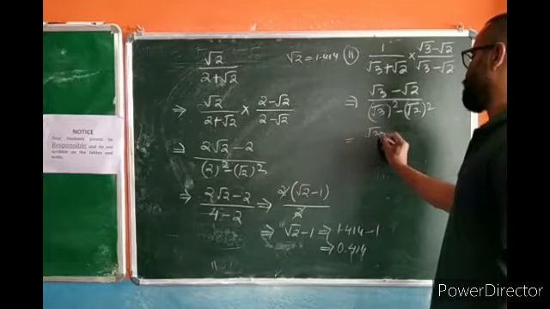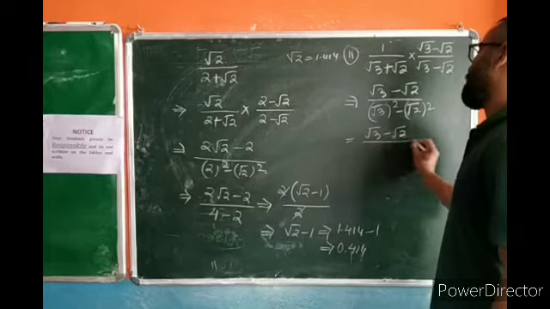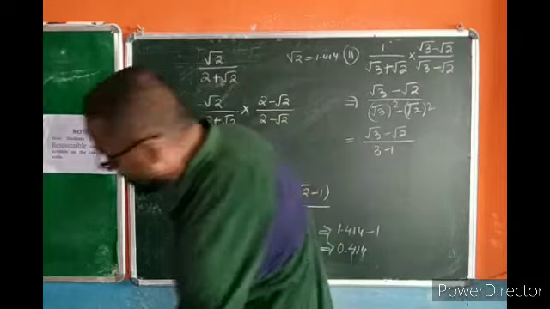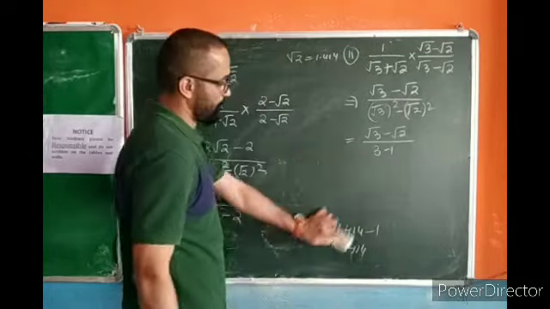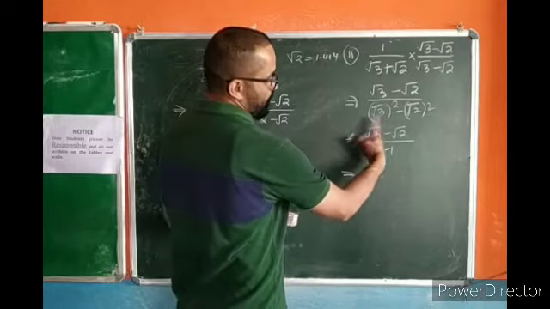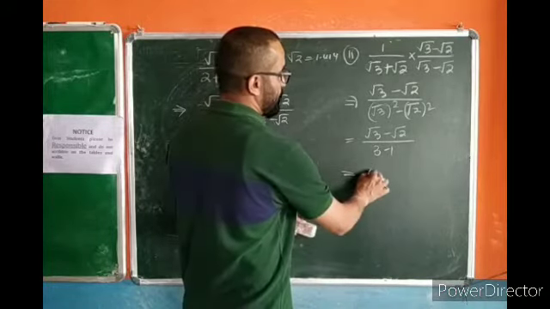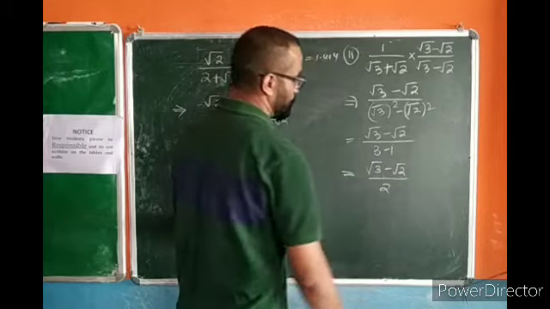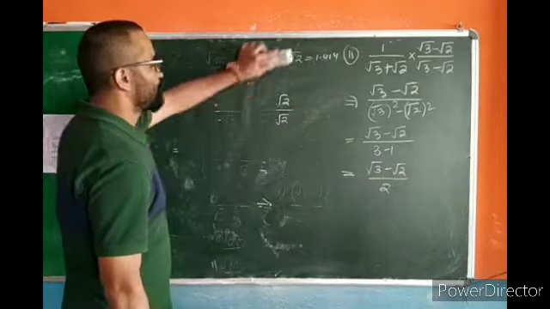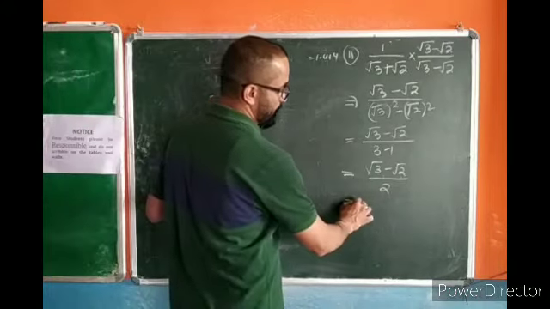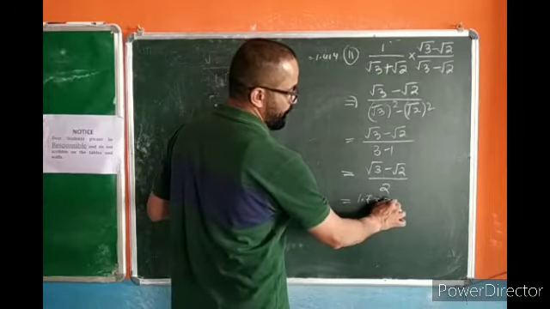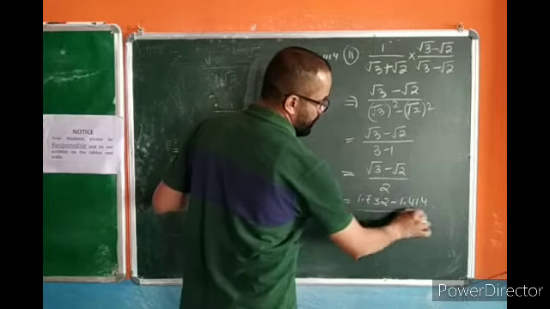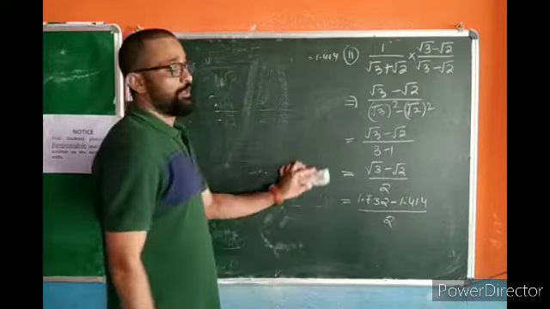Root 3 minus root 2 divided by 3 minus 2. Now this simplification. When you do this subtraction, you get root 3 minus root 2 divided by 2. Substitute the value now. Root 3 is given in the question, 1.732 minus 1.414, divided by 2.